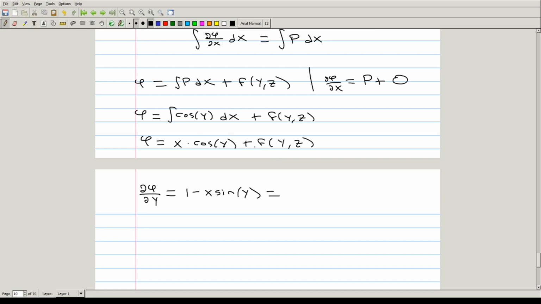And if this is our equation for phi, which it has to be if the first equation is satisfied, we have to take the y partial derivative of this, and this is going to say that the y partial derivative of x times cosine of y is negative x times sine of y, plus the y partial derivative of f, whatever that is.